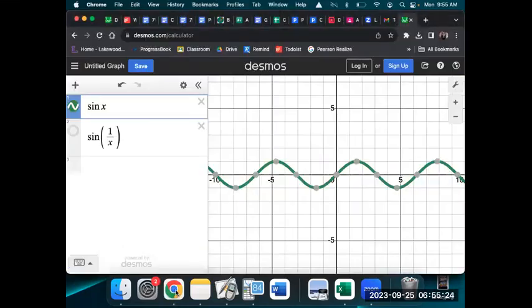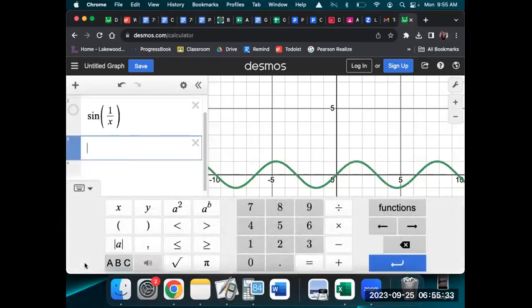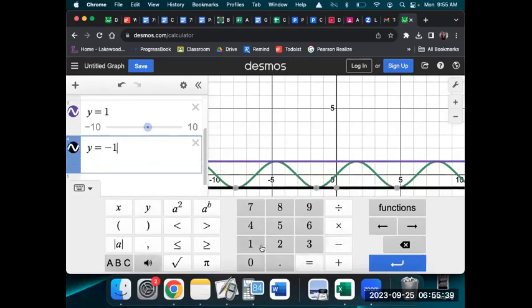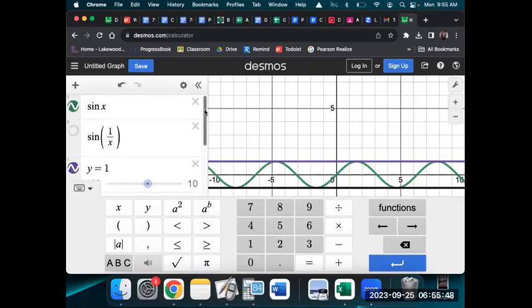I see that sine of x itself is trapped between -1 and 1 always. Those are the outputs that it will always be between. And in fact, even if I have 1 over x as the inside of sine, it's still going to be trapped between those.